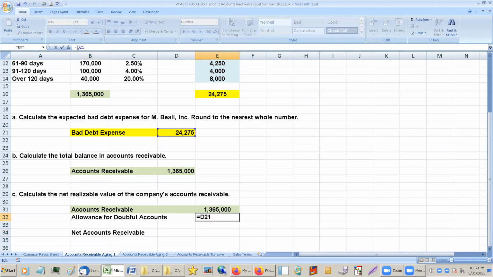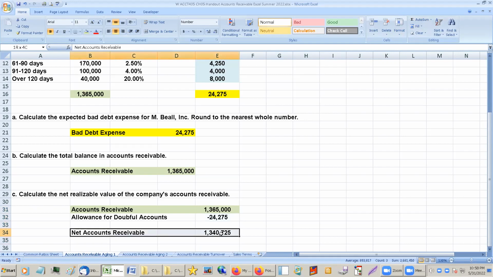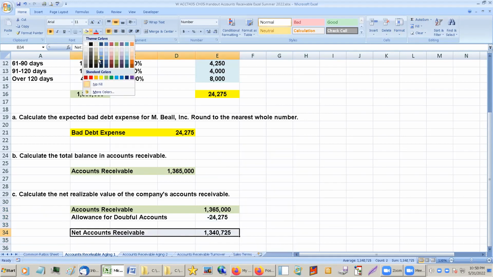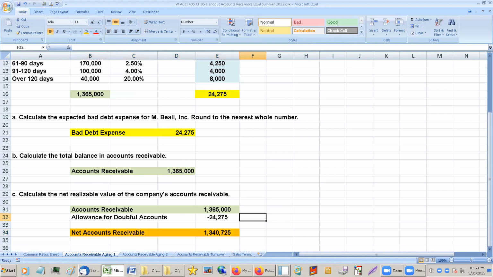Negative. So our net accounts receivable.